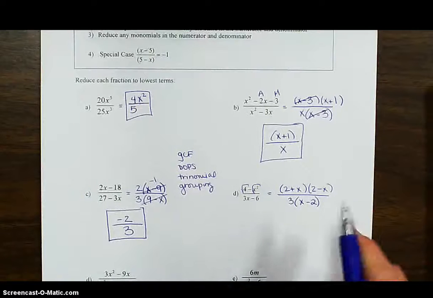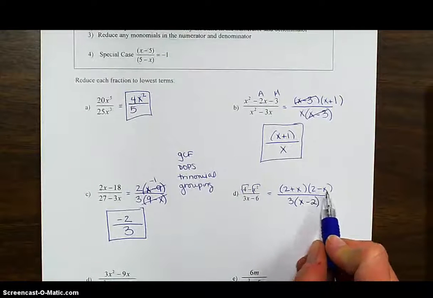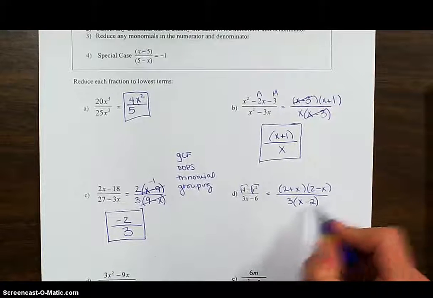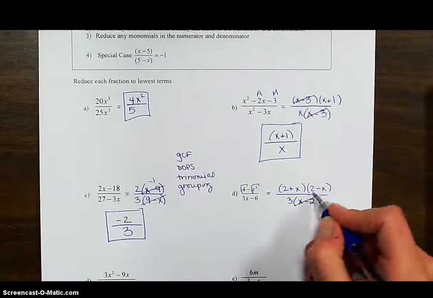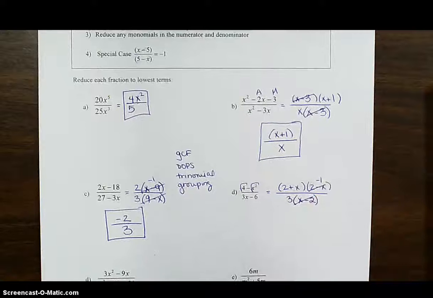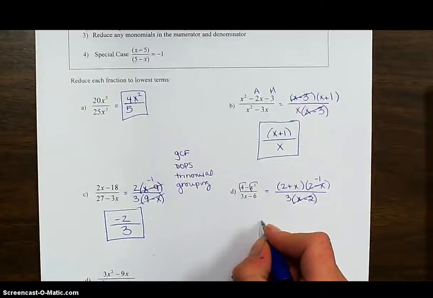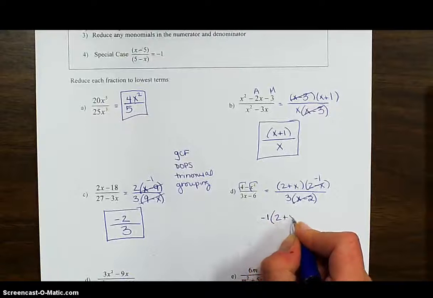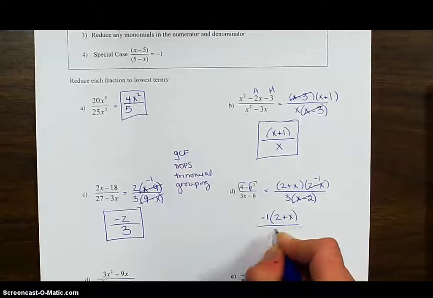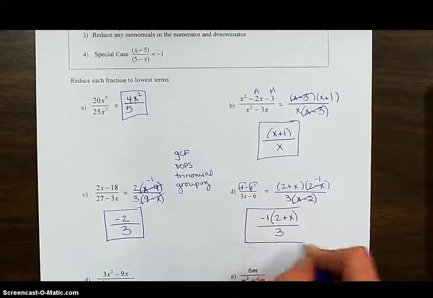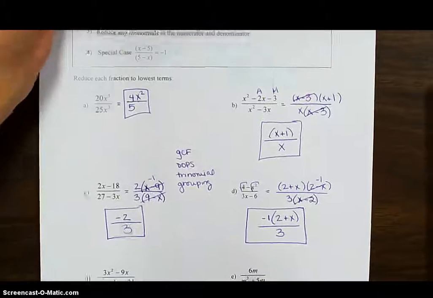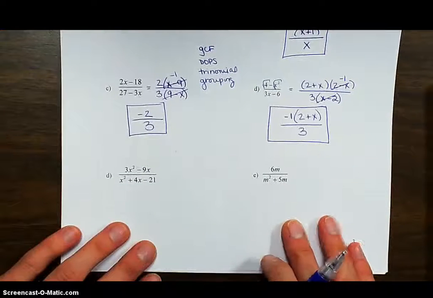Nope, but if I take a look, 2 minus x, x minus 2, those are almost the same, but they're backwards, so these will cancel and I will get negative 1. My final answer then is going to be negative 1 parentheses 2 plus x all over 3. And you've done it.